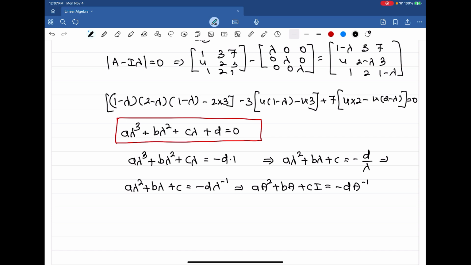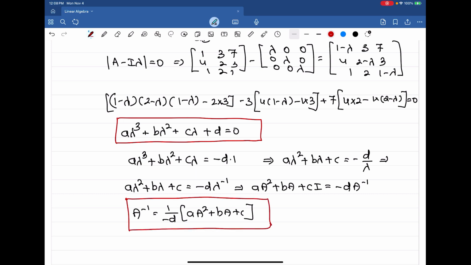From this, can you find out the inverse? A inverse is equal to 1 by minus D into A square plus BA plus C. This is another way of finding the inverse.